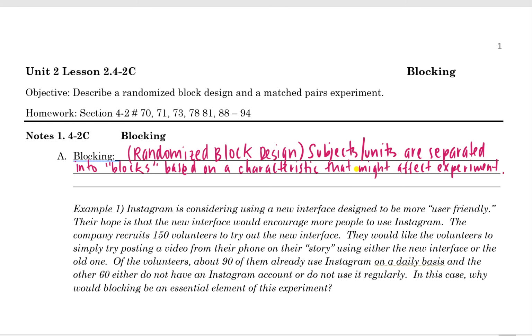Then once you have these blocks separated, you do random assignment of treatment within each block separately.